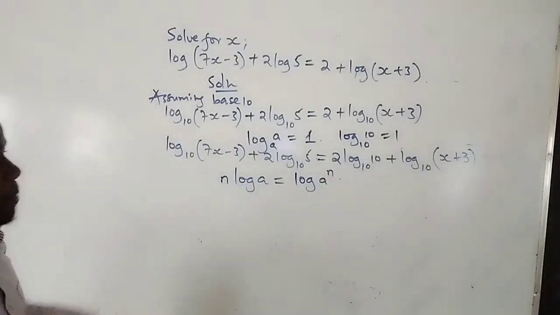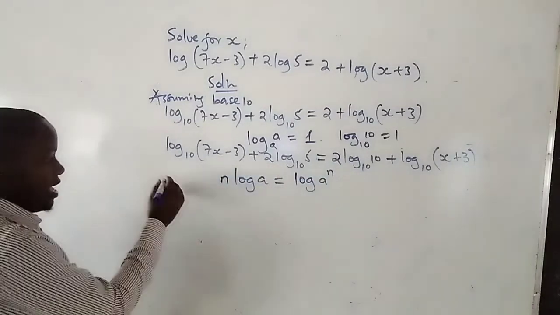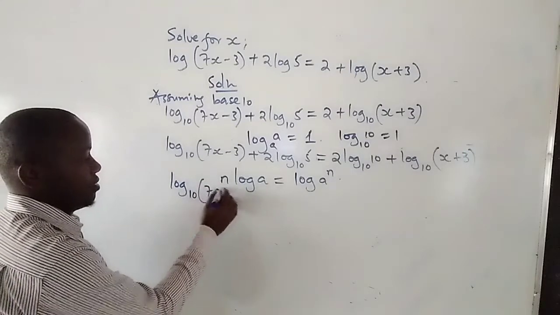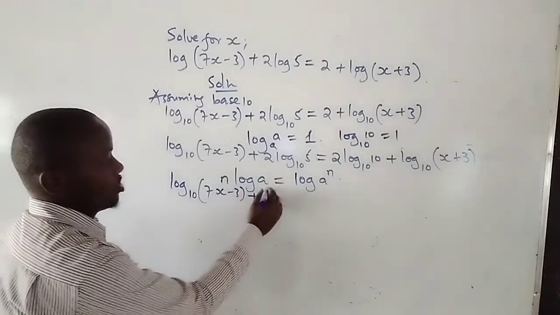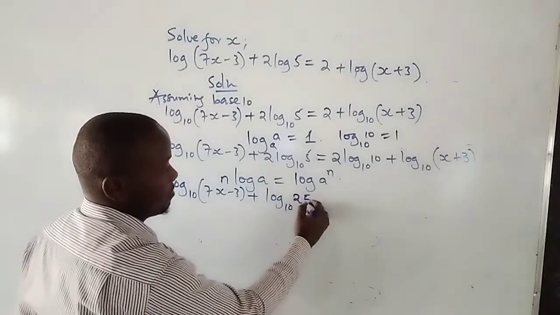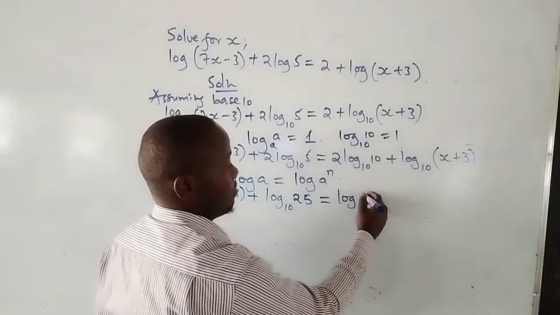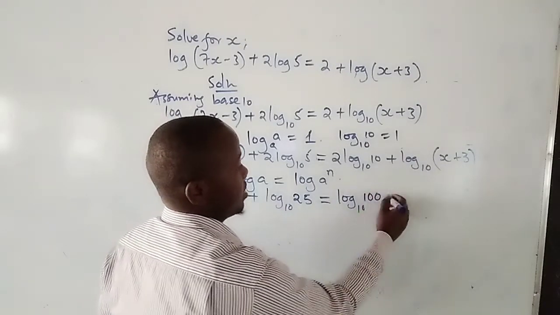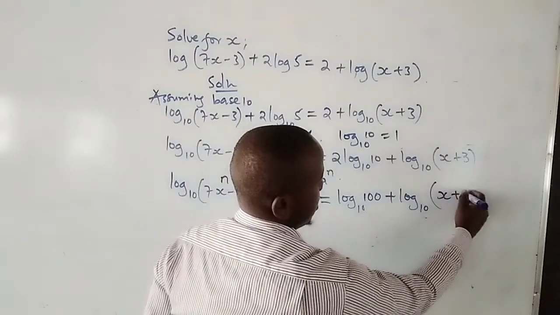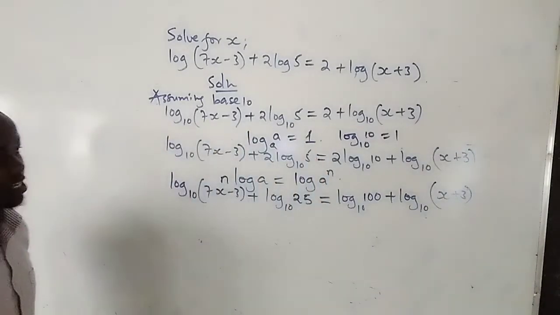So we can apply it to this term here and this term here, and hence we will have the logarithm of 10 plus the log to base 10 of 5 squared, which becomes 25, equal to the logarithm to base 10 of 10 squared, which becomes 100, plus the logarithm to base 10 of x plus 3.